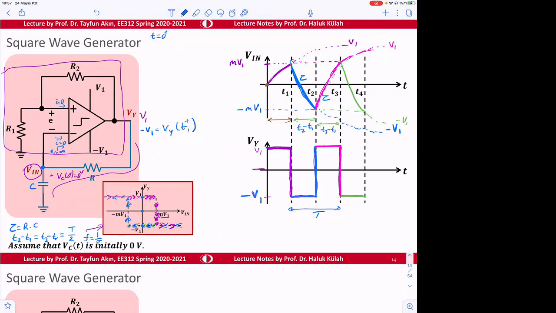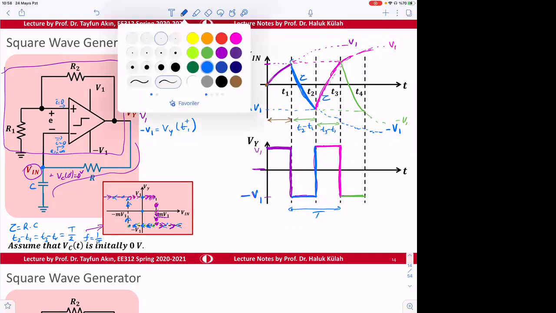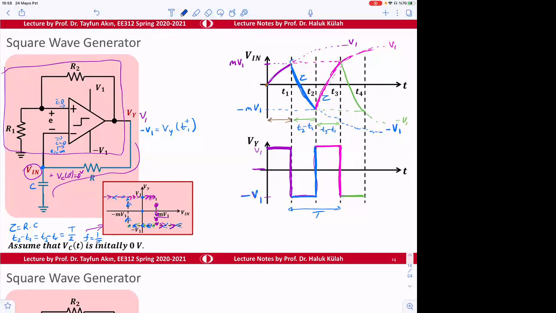How can we find that value? The way that we find it is by writing the capacitor equations here. We need to look at this time. Let's say when t is equal to T1 plus, okay?